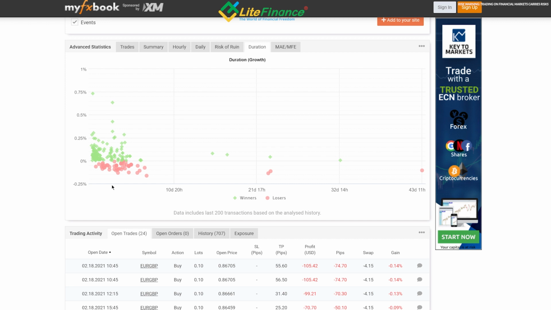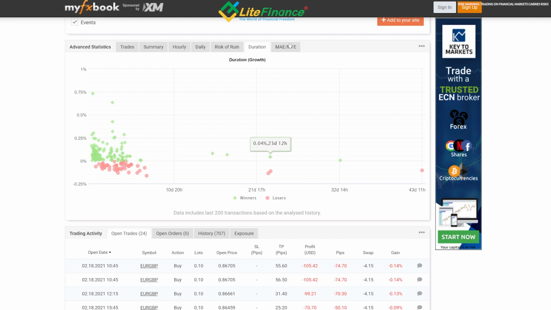So as we can see in this example, the trader held some trades for longer than a week. We have 7 days, 2 weeks, more than 2 weeks, 23 days, 3 weeks, and 2 losing trades, 32 days, and even 43 days. So basically, the more green dots to the left and close to each other, the better.